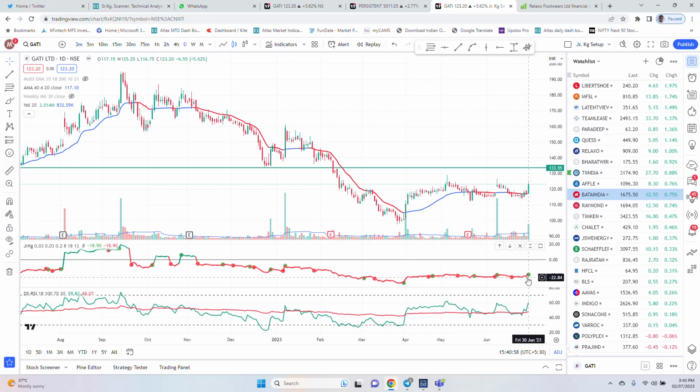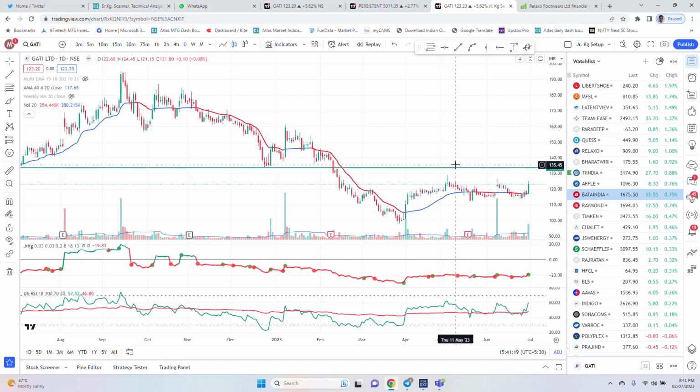So basically, if you see here, this is a chart of Gati, and here you see the green dot. The green dot is the first indication on the indicator, when you get a very early stage indication that this stock is now in a buy zone.